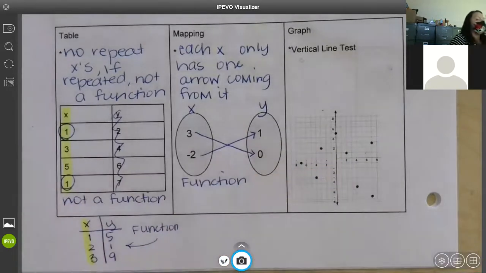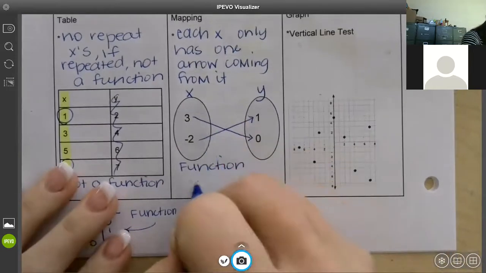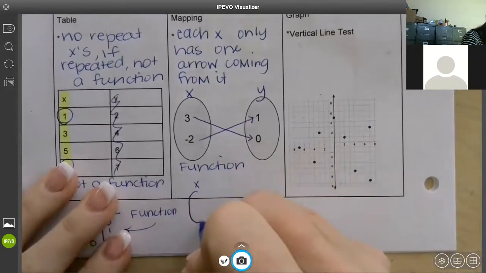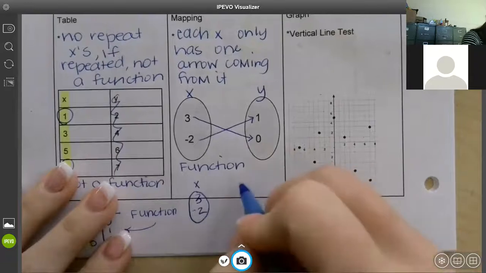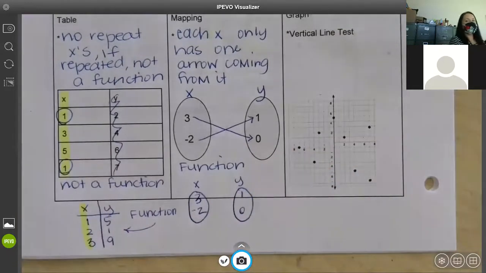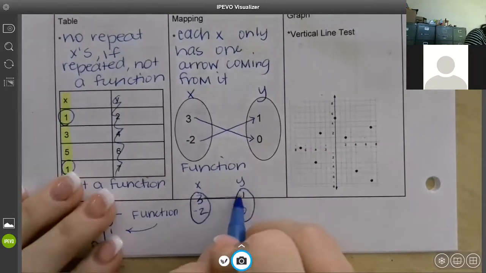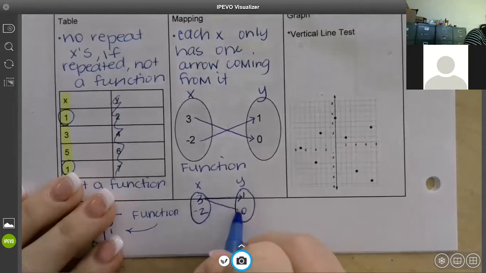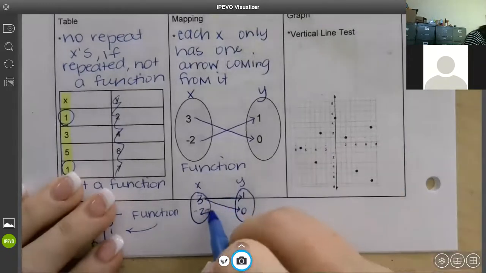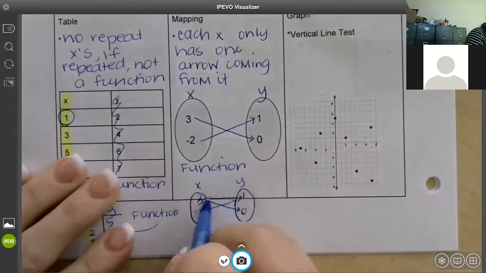Below it, I'm going to give you an example of not a function. I'm going to use the same numbers, 3 and -2, 1 and 0, so that you can see the actual difference. If 3 was graphed to 1 and 0, and -2 is graphed to 1. Okay, so you can barely see that arrow, I'm sorry.